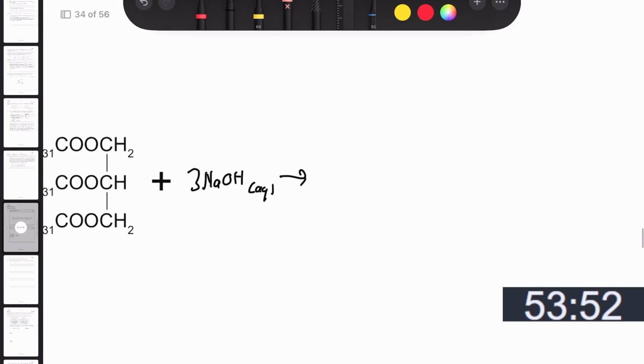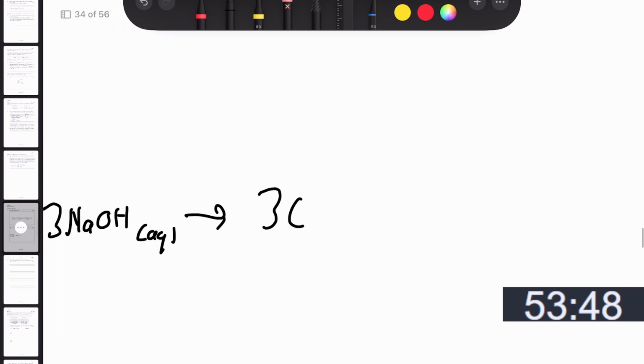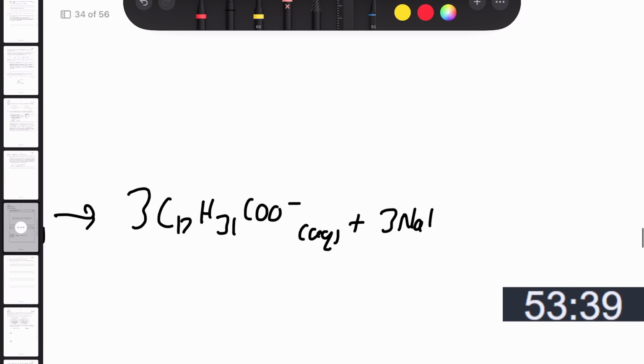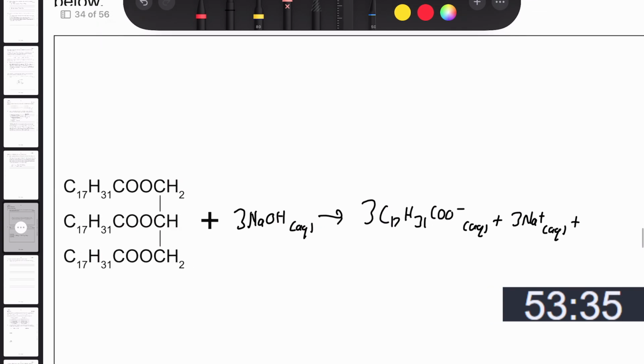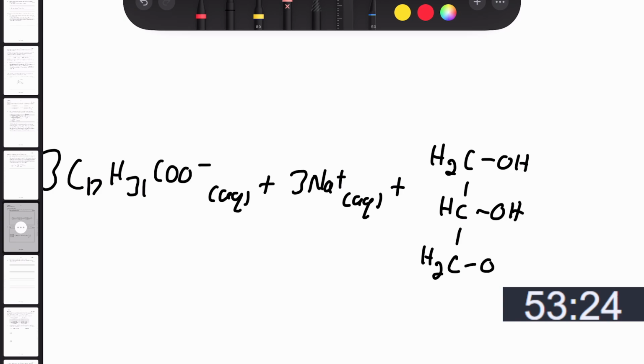So this will form the 3 C17H31COO minus aqueous plus 3 Na plus aqueous plus a glycerol, so H2C CH H2C, OH, and OH.